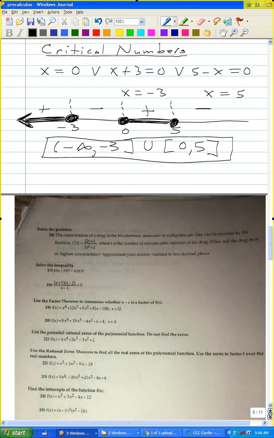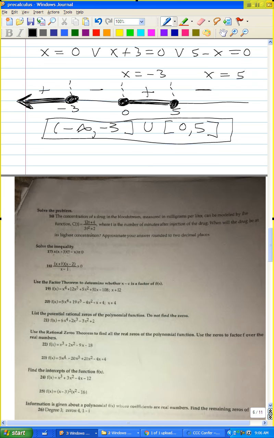So now, let me do 18. I might be able to do it here. Okay, so let's find the critical numbers, found by setting each factor to 0, both for the numerator and for the denominator.